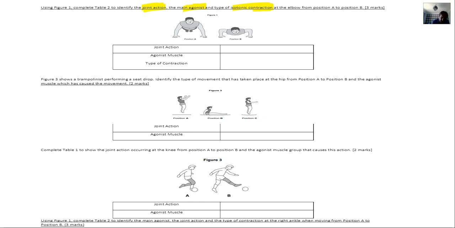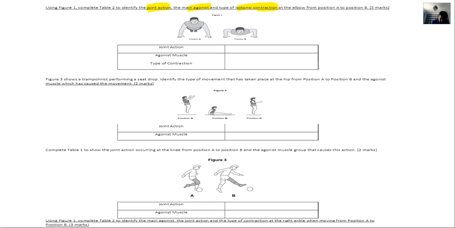The joint action goes from extension through to flexion, so we start with the joint action that is flexion. If it is flexion at the elbow, that is going to be our bicep. And then the type of contraction, shortening of the muscle, is a concentric contraction.